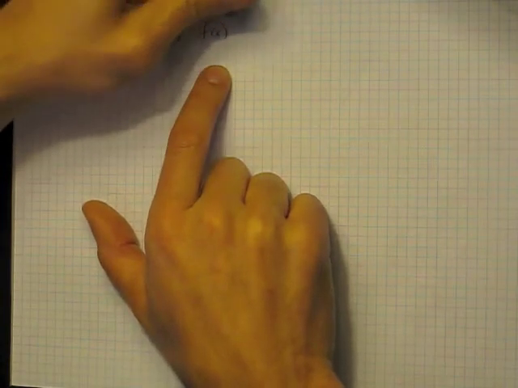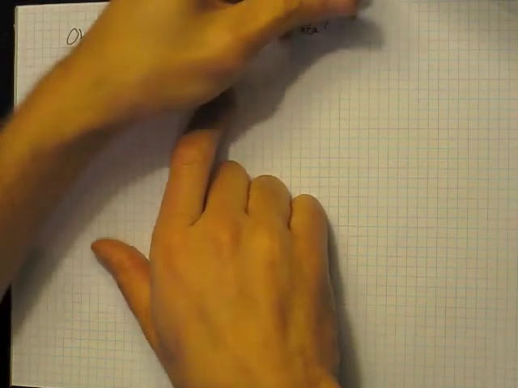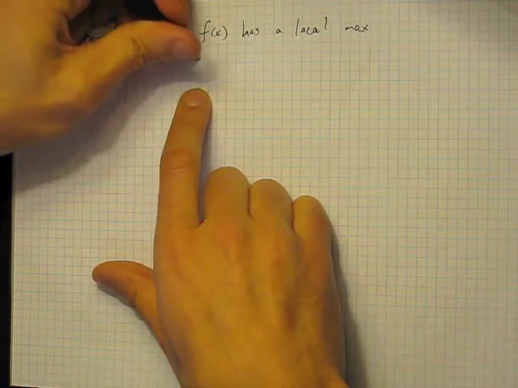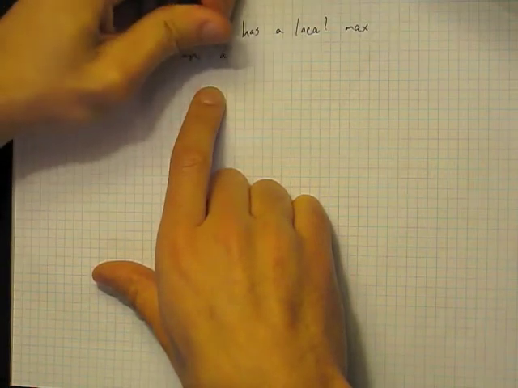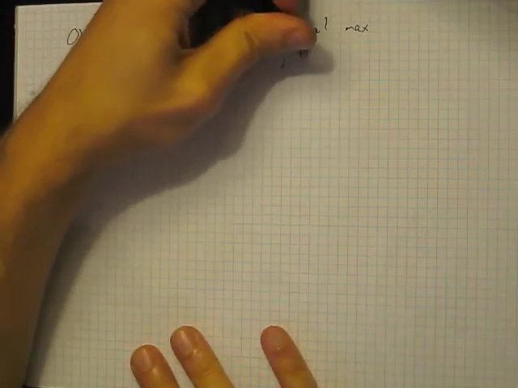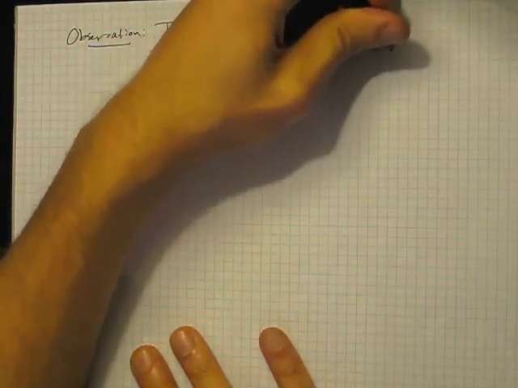If f of x has a local max or min at c, then c is a critical number.